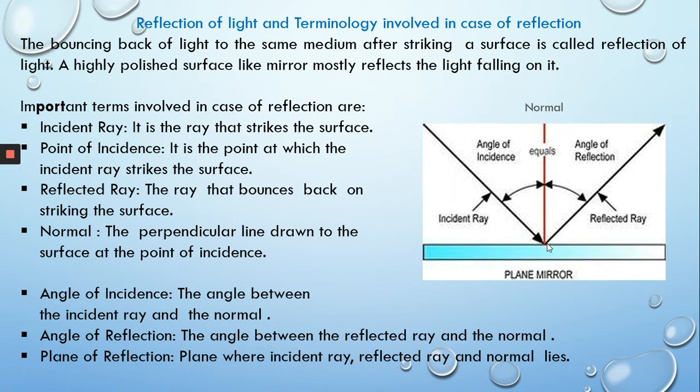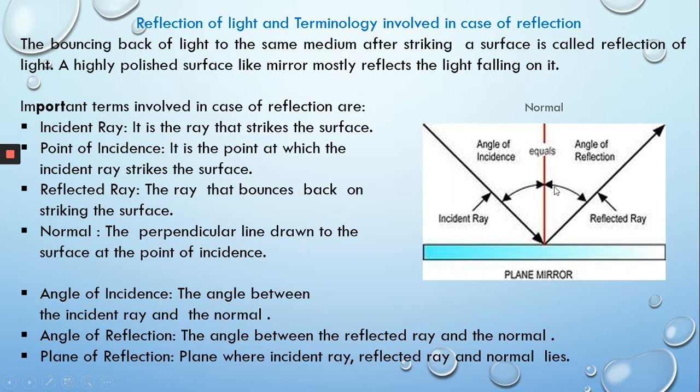Next is angle of incidence. Angle of incidence is the angle between the incident ray and the normal. It is denoted by angle i. Then angle of reflection. Angle of reflection is the angle between the reflected ray and the normal.